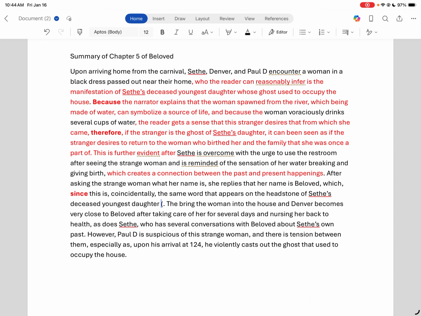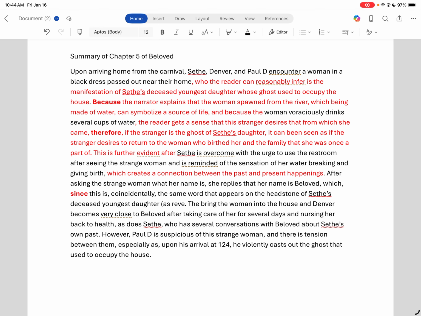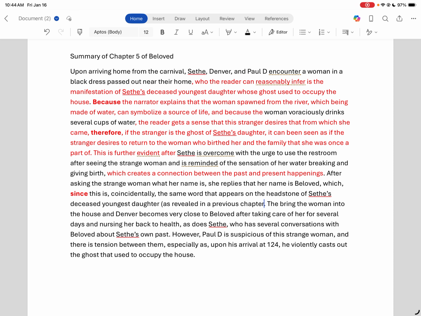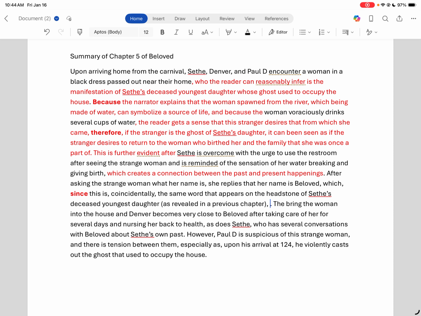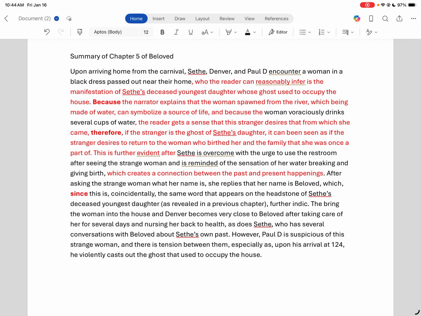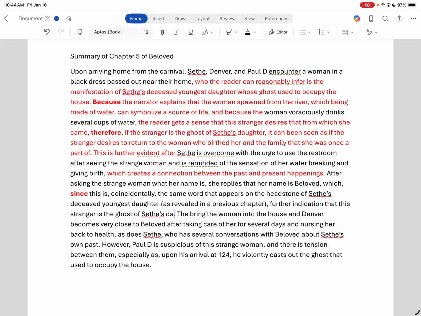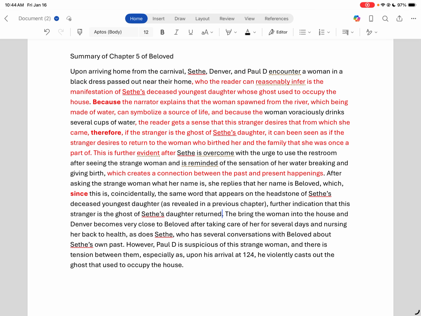Let me put that, because that's not revealed in this chapter. I'm going to put revealed in a previous chapter, comma, further indication that the stranger is the ghost of Sethe's daughter returned, period.